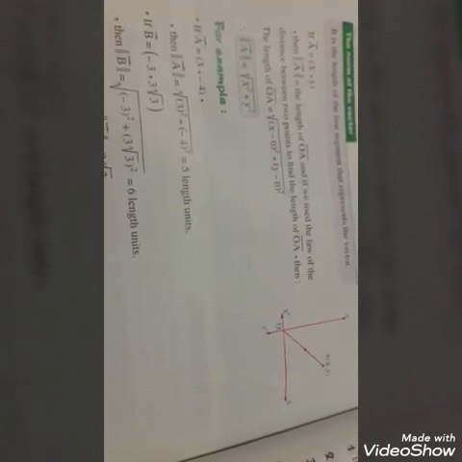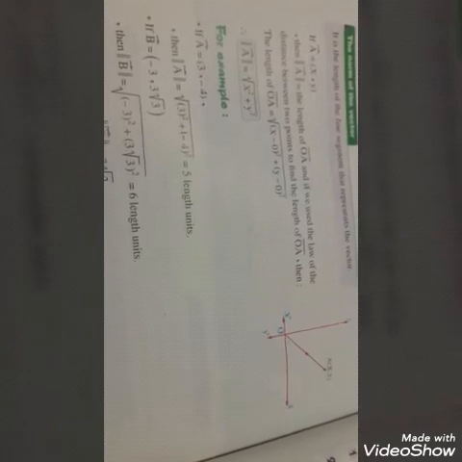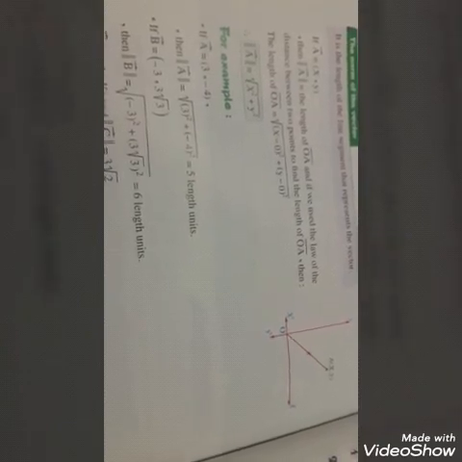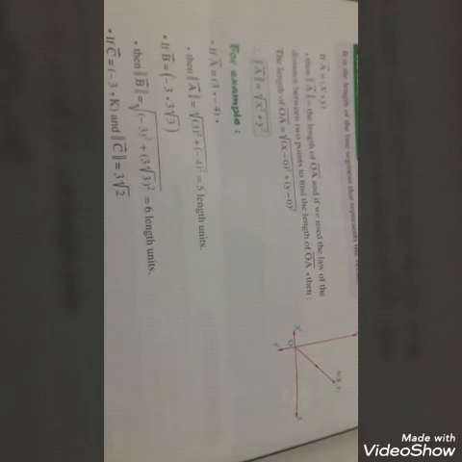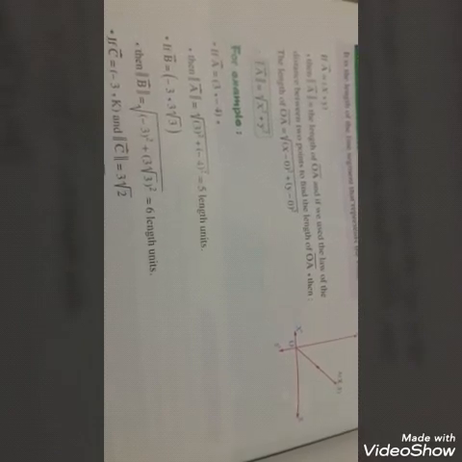Then the norm of the vector A equals the length of the line segment OA, and if we use the law of the distance between two points from middle 3, we deduce that OA equals root of x minus 0 all power 2 plus y minus 0 all power 2. Then the norm of the vector A equals the square root of x power 2 plus y power 2.